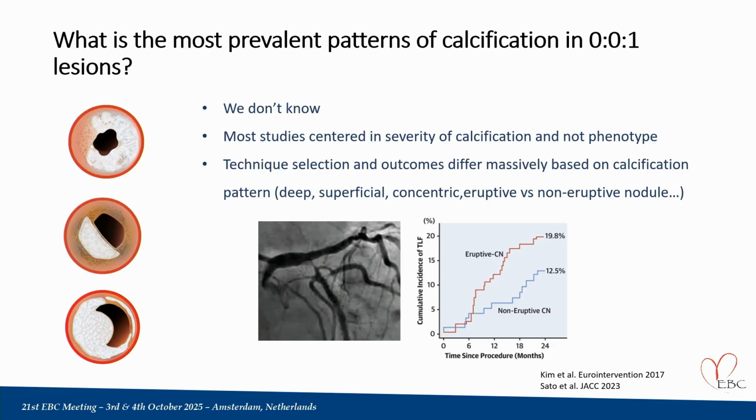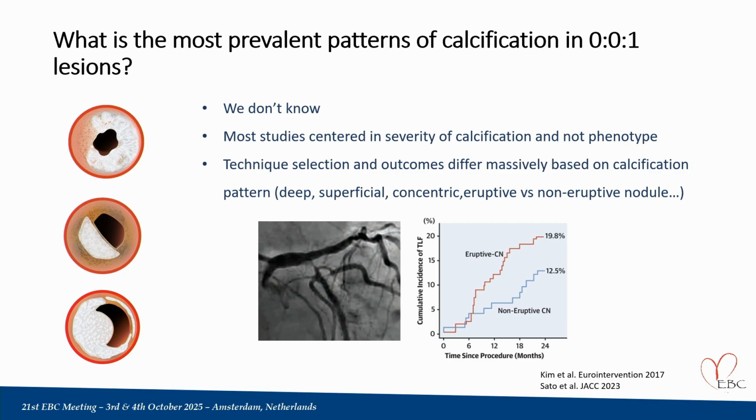The thing is, most of the studies focus on the presence of severe calcification, mostly based on fluoroscopy, right? And we know that fluoroscopy is absolutely insufficient to define the calcification phenotype of the lesion we are treating. And now we have more information about the role that eccentric calcification, deep calcification, superficial calcification, and nodular calcification may have in the outcomes of the PCI that we are planning to perform.